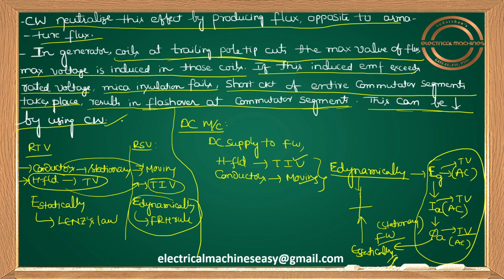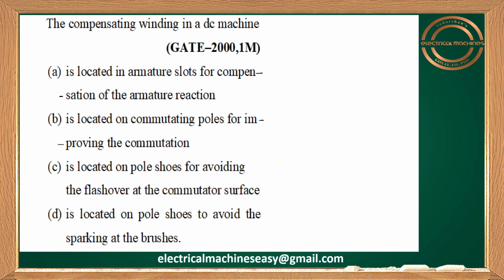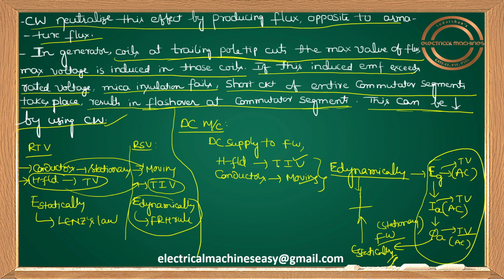So guys, what is the conclusion here? Regarding compensating winding, you have to remember very important points. From the examination point of view, these are the points they are giving. So let me write here. These are the points I can conclude regarding compensating winding. Where are we placing the compensating winding? Tell me first of all.